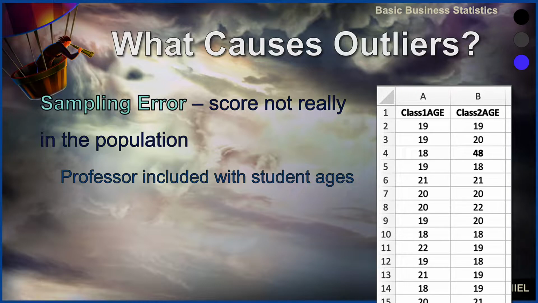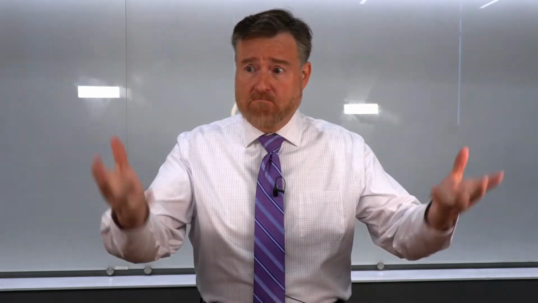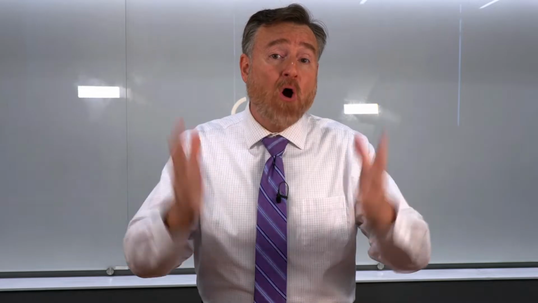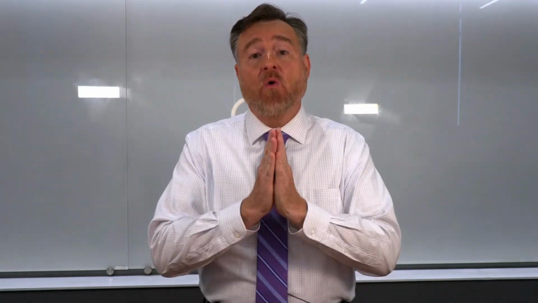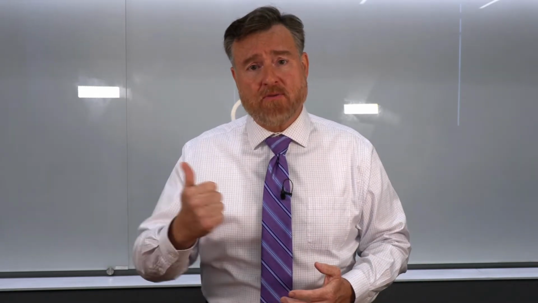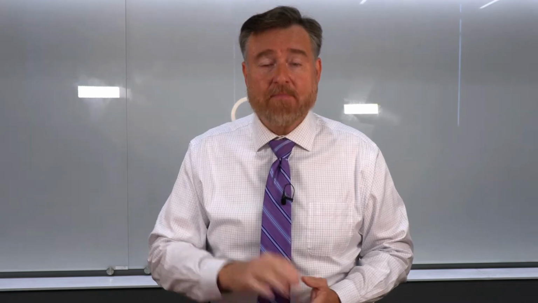What went wrong here, and what accounts for that outlier? Now, it could be that the professor in this class helped to fill out a form and that person submitted a survey that, although perfectly legitimate, is not part of our population. We are measuring college students, not college professors. So in that case, we would simply throw out that particular survey. It would not be included in our analysis.